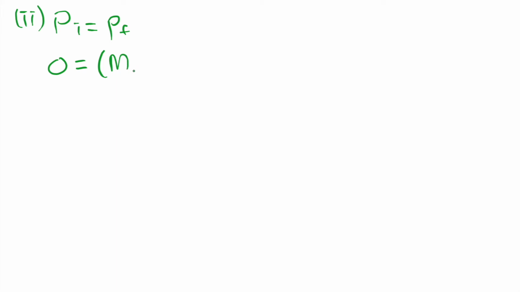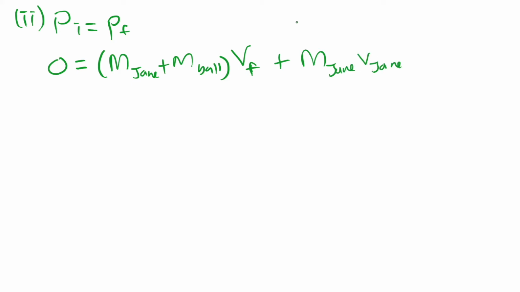So it's equal to the mass of Joe plus the mass of the ball times v, that's just the final velocity. Right? And then there's another thing, which is the momentum of Jane. Right? And this makes sense, because this is Joe, this is Jane. After he catches the ball, they're going to be in an inelastic collision.